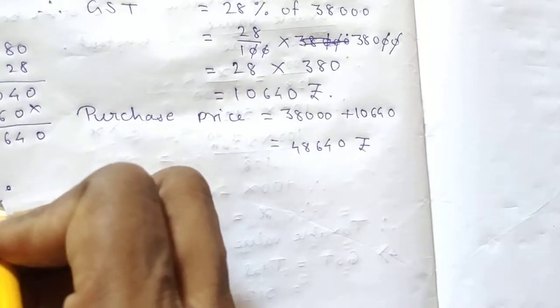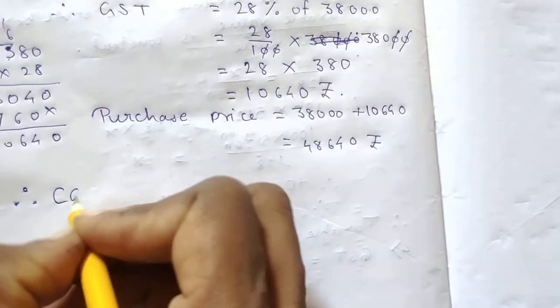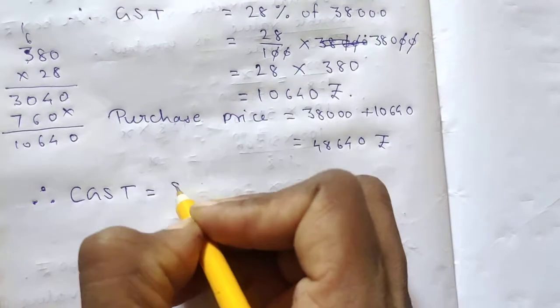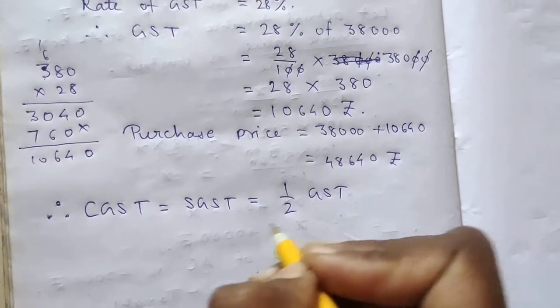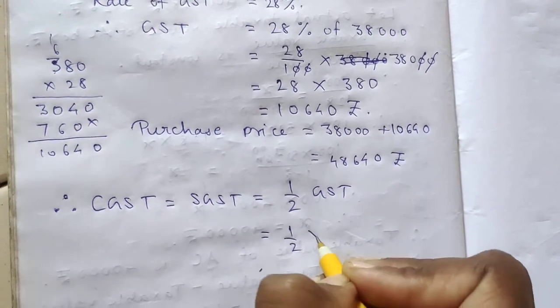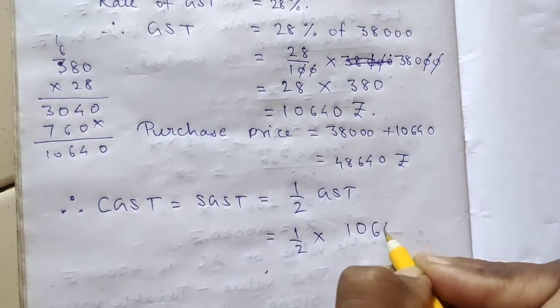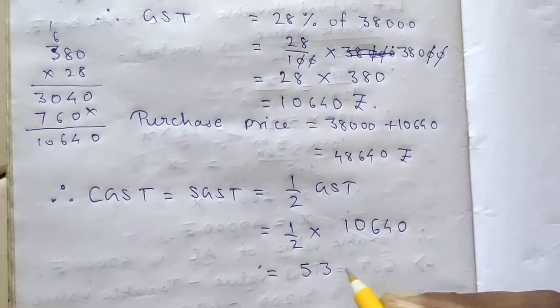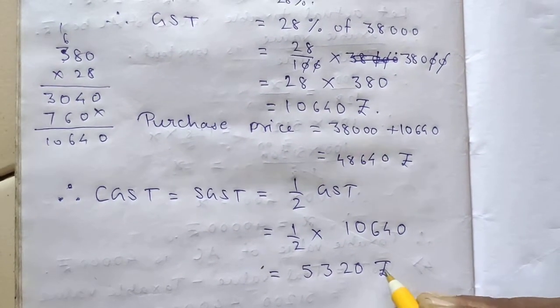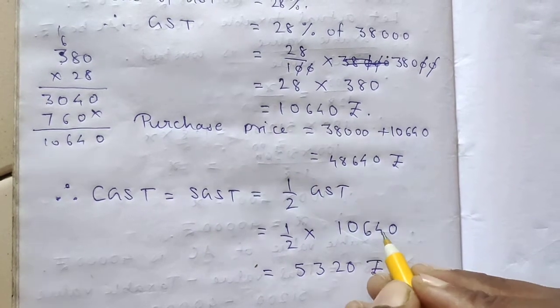So let us write that. Therefore CGST is equal to SGST is equal to half of GST. So half into 10,640. Let us do cancellation. 2 5s are 10, 2 3s are 6, 2 2s are 4.